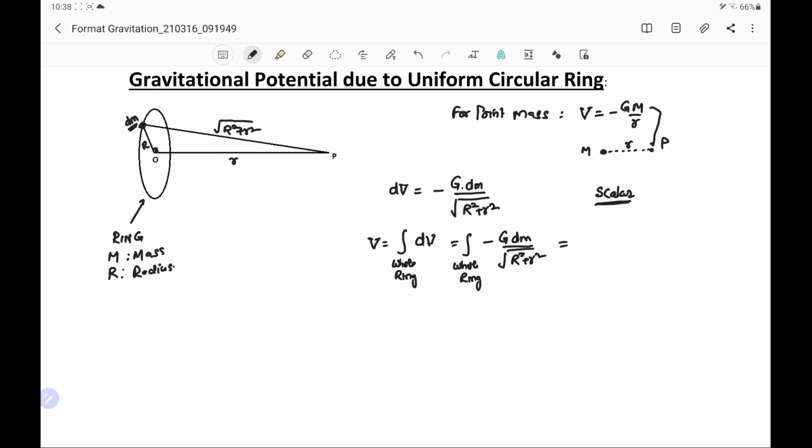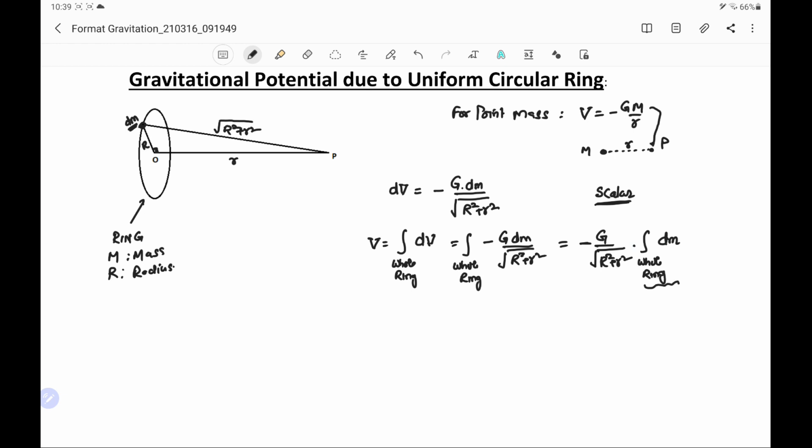Constant terms will be taken out. So here minus G is constant, and root of R square plus r square is also constant because each point on the ring is equidistant from the point P. Remaining is the integral of dm, and we have to integrate this dm for the whole ring.